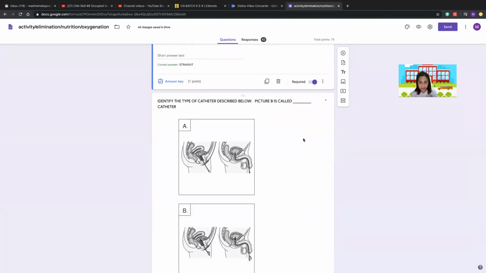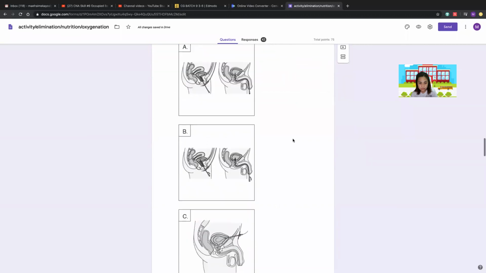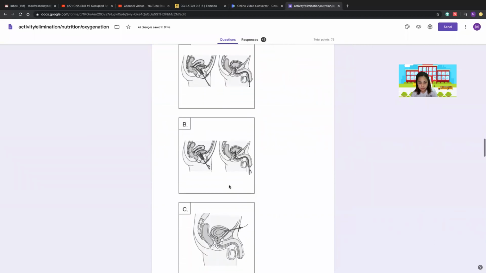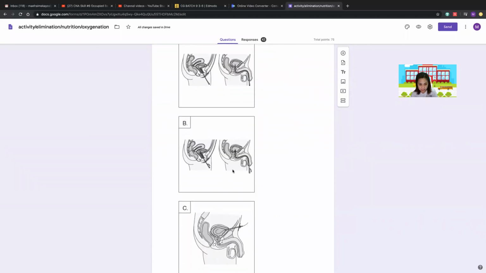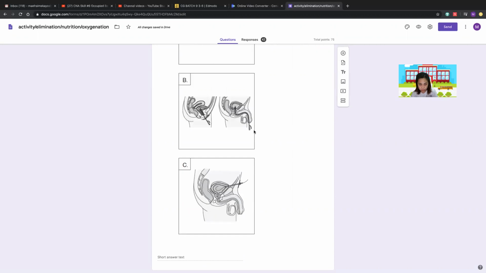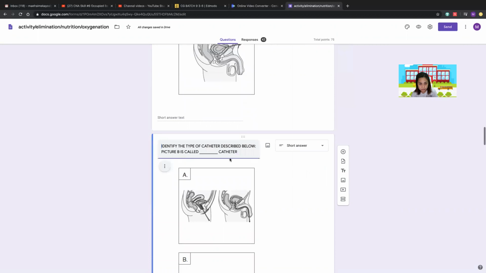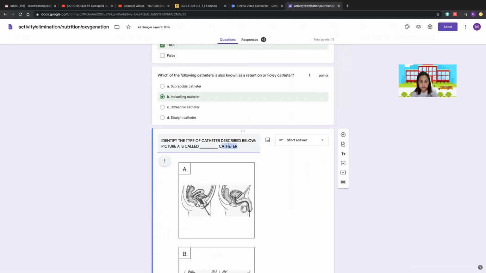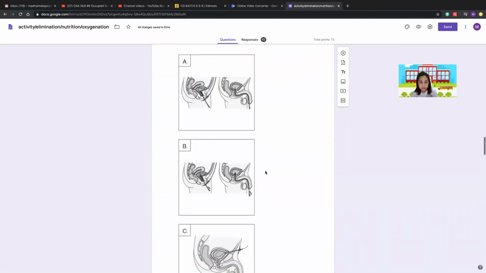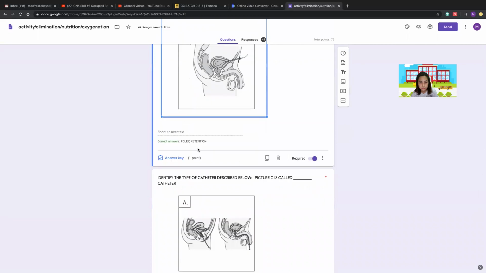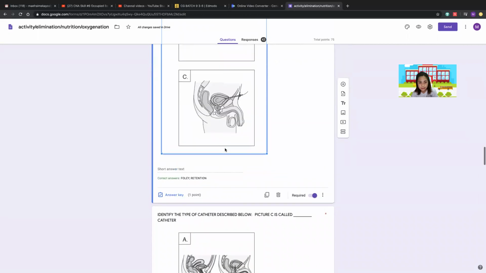Identify the type of catheter shown in picture B. This is not a straight catheter. There is an indwelling, or a two-tube, two-line catheter, so it will be Foley or retention catheter.